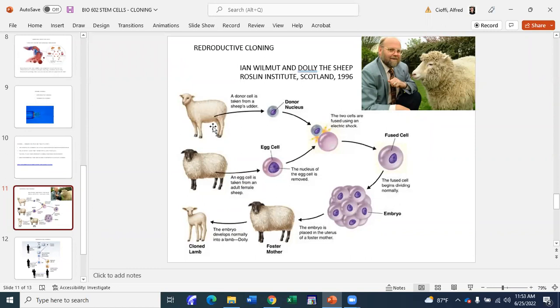They had an ewe, I think this is called a ewe, right? A female sheep, to donate the egg, right? I don't know if they did hyperovulation or not, but they obtained sheep ova. And, oh, sorry, here's the egg.